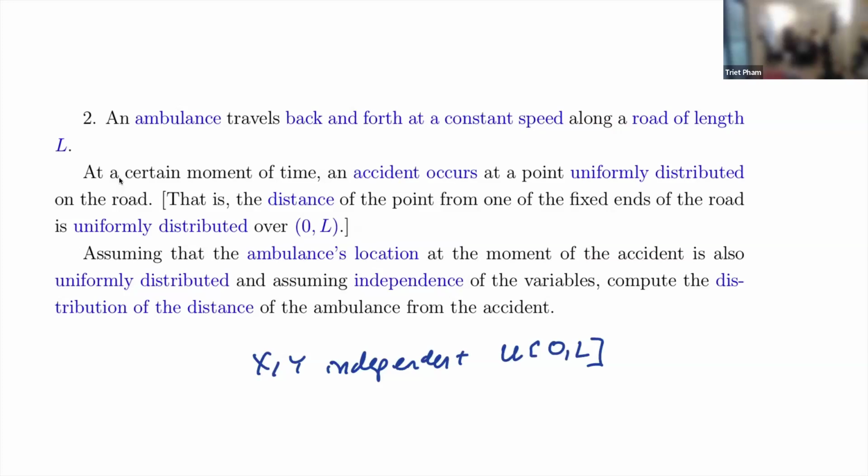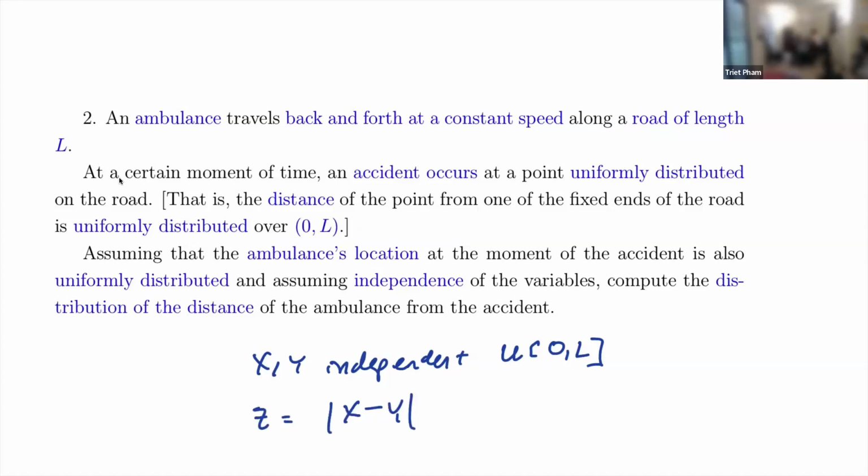What are we asked to find? The distribution of the distance between the emblems and the location of the accent, which is, let's say Z, is X minus Y. And by Z here, I don't mean anything associated with the standard normal.